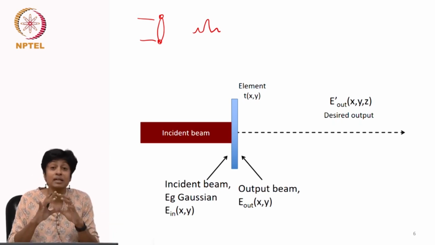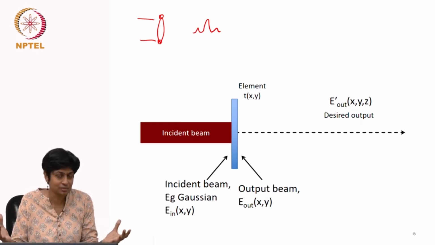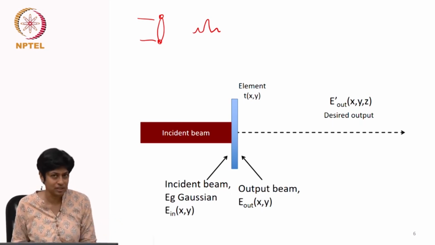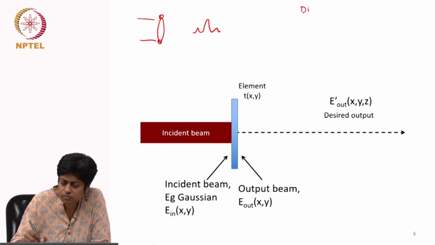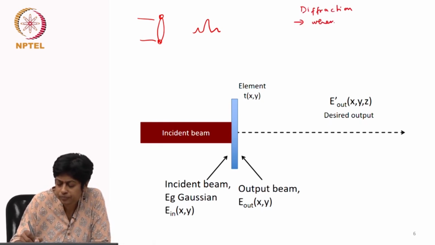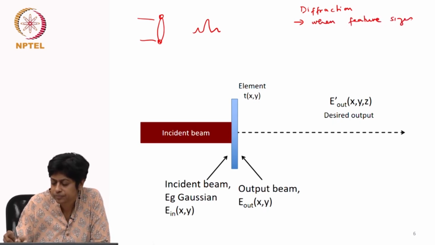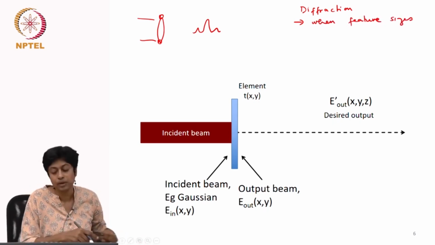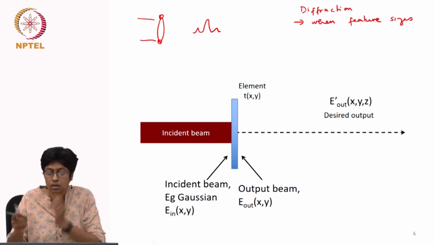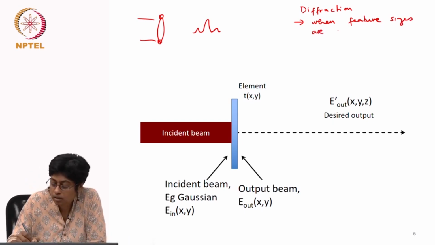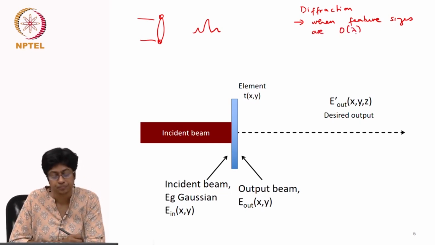And that's why even apparently large systems do have diffractive effects. So we have diffraction clearly when feature sizes are of the order of the wavelength.